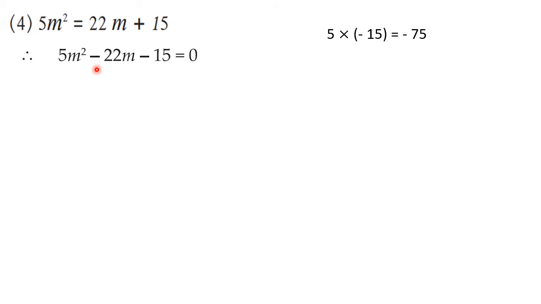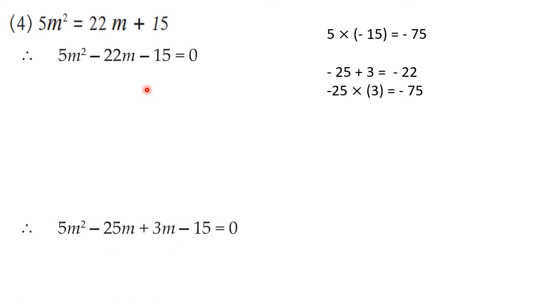So here the middle term is negative and therefore the bigger number is negative. So the factors are minus 25 and plus 3. See, minus 25 plus 3, the answer is minus 22. Also minus 25 into 3 is minus 75. So this middle term now we can split as minus 25m plus 3m.